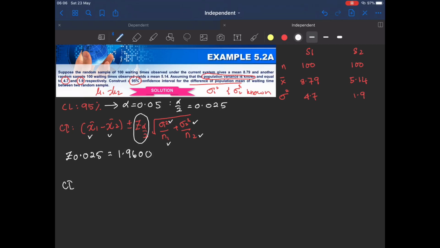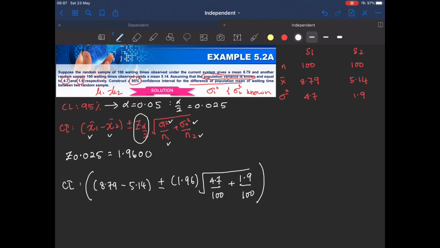Okay, substitute all the information into the formula. So the confidence interval is x bar 1, 8.79, minus x bar 2, 5.14, plus minus z alpha over 2, 1.96, times the square root of sigma 1 square, 4.7 over 100, plus 1.9 over 100.